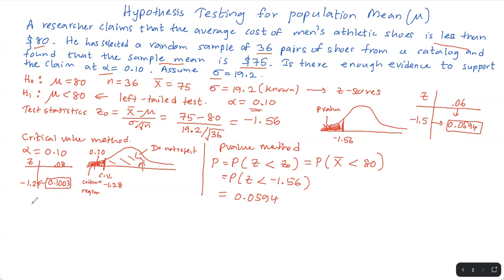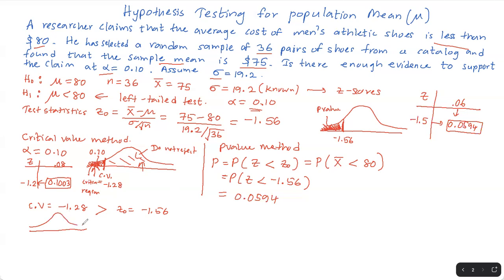According to the critical value method, your critical value is negative 1.28 and your test statistic value, Z0, is negative 1.56. So which one is bigger? Since both numbers are negative, the higher value will be the smaller number in magnitude. As you can see, negative 1.28 is greater than negative 1.56. That means your Z0 falls over here, right?